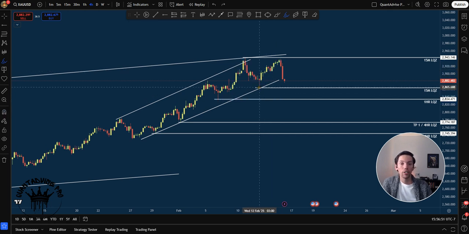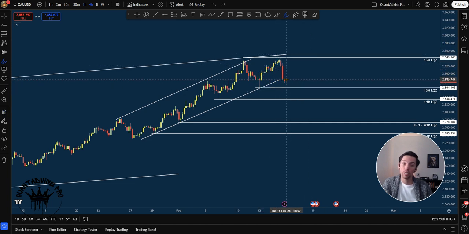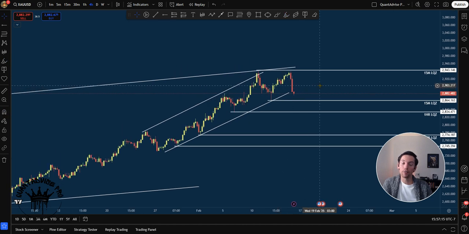Now, same thing here. This one's not quite one just yet because we haven't gotten a break of this. So this will be an area where I want to see if it grabs, then pushes up, gives us a flag like so before continuing higher. But if it doesn't grab it for whatever reason and then just continues higher, then this now becomes the liquid zone as well. So that's just a quick little insight of how I'm finding those.